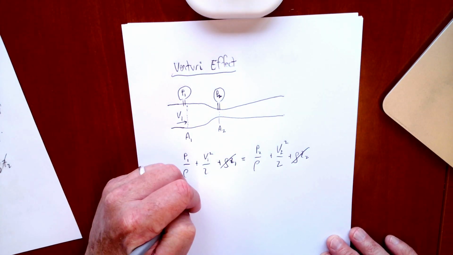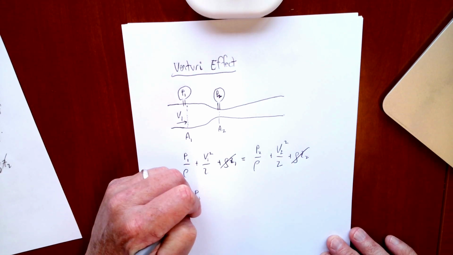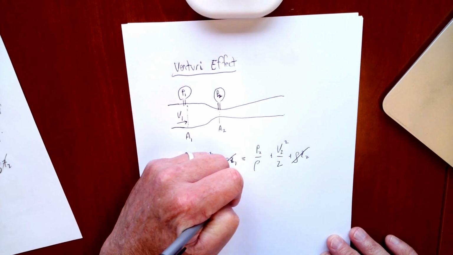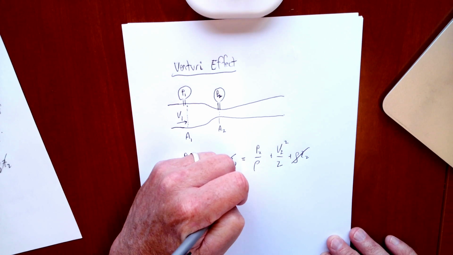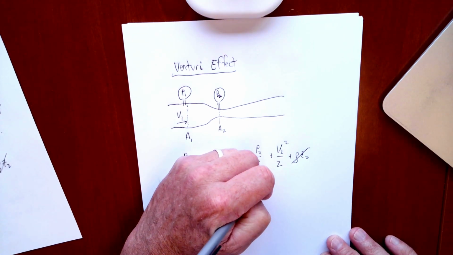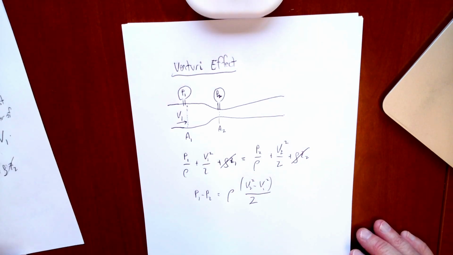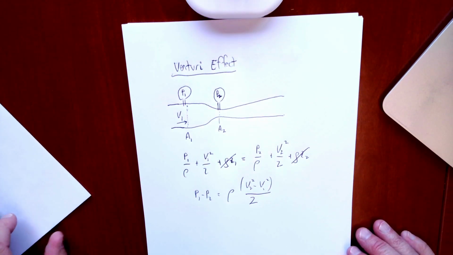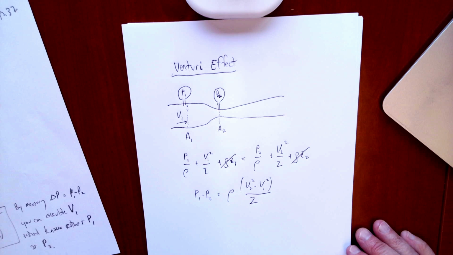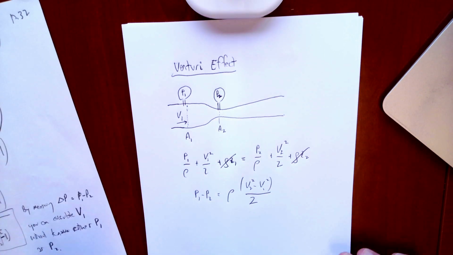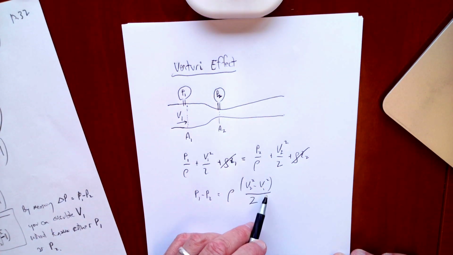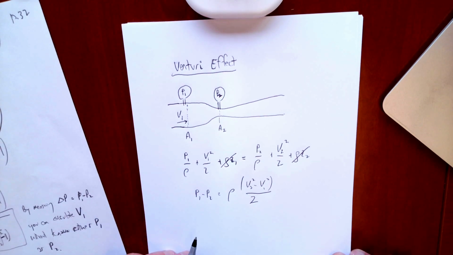So we can rewrite this in terms of the two pressures: P1 minus P2 is equal to rho times V2 squared minus V1 squared over 2, where I've just pulled the velocities to one side and the pressures to the other. Notice the sign change, such that I have P1 minus P2 and V2 squared minus V1 squared.